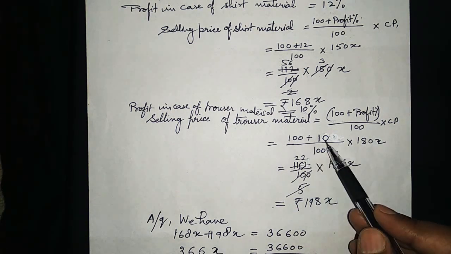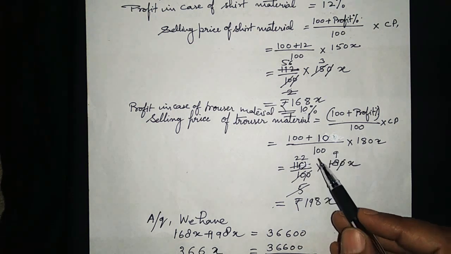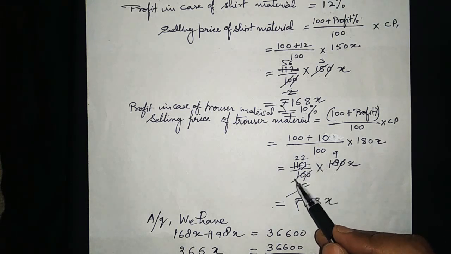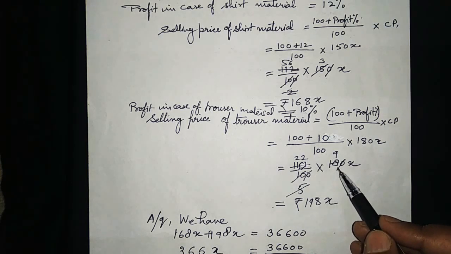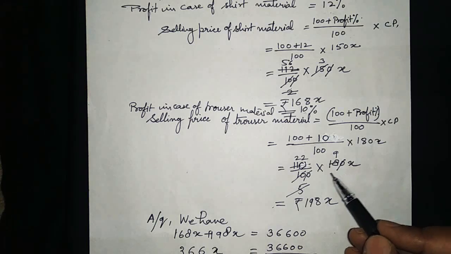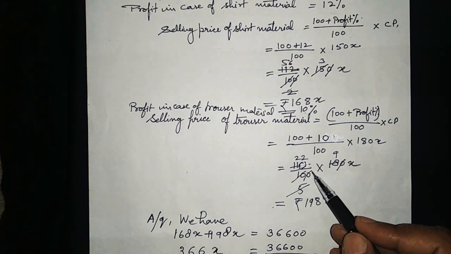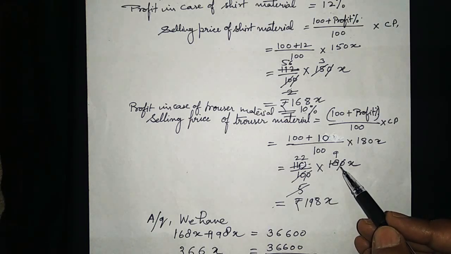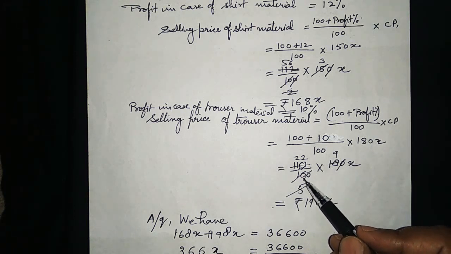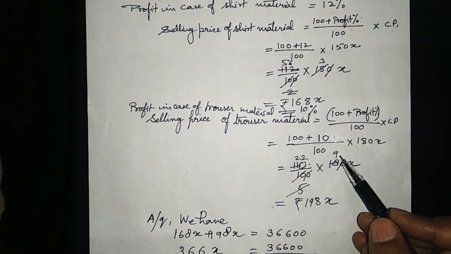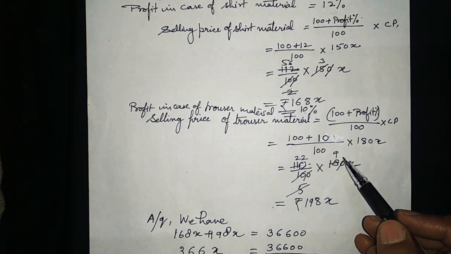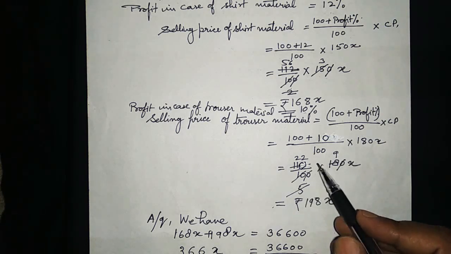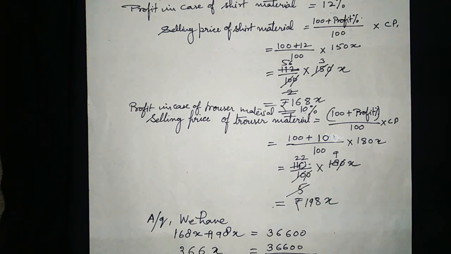Now 100 plus 10 is 110, and in the denominator we will write 100 into 180x. Now we will simplify it. 0, 0 we will cancel. 2 5s are 10 and here 2 9s are 18. Now 5 1s are 5, 5 2s are 10 and 5 2s are 10.